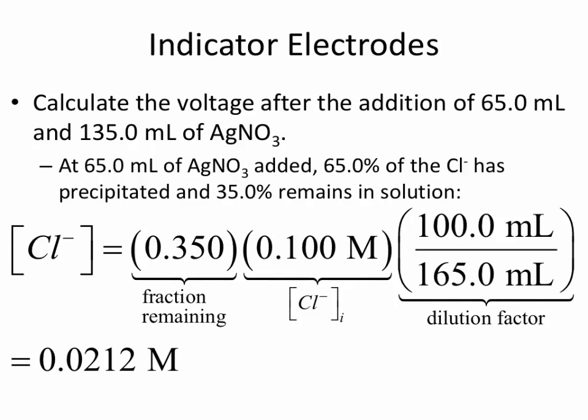At 65 milliliters of silver nitrate added, 65% of our chloride ion has precipitated, and 35% of it remains in solution.